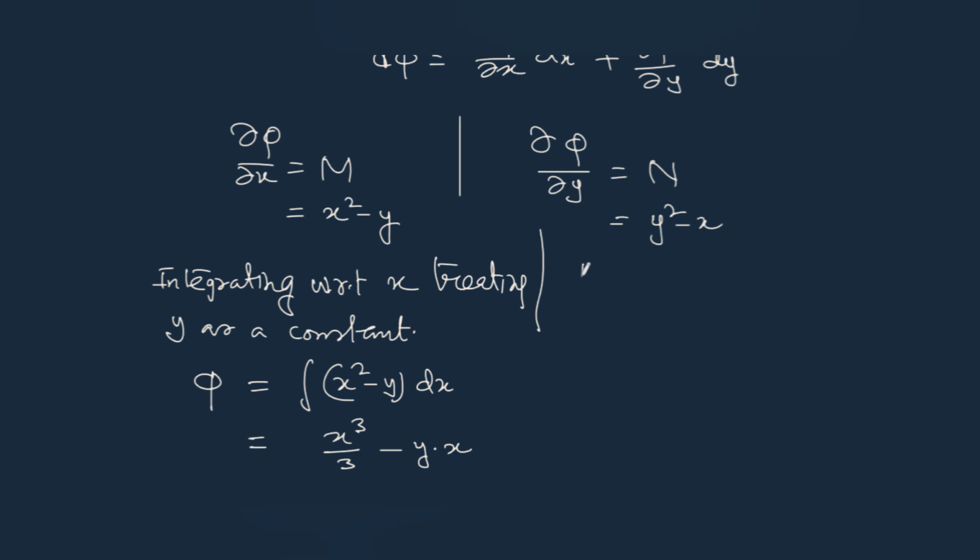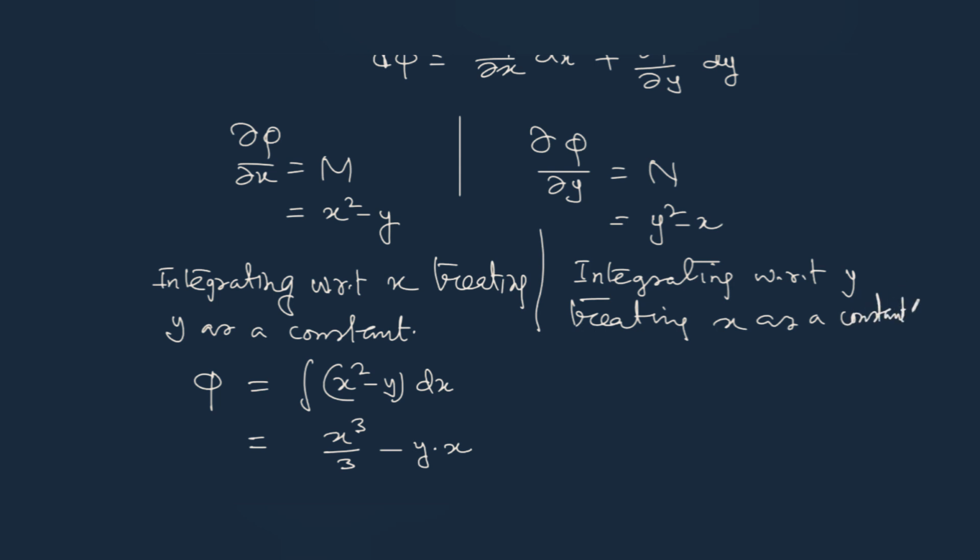On the other hand, we have to integrate with respect to y, treating x as a constant. We will get phi equals integration y square minus x dy. So y cube upon 3 minus x times integration dy, which is y.